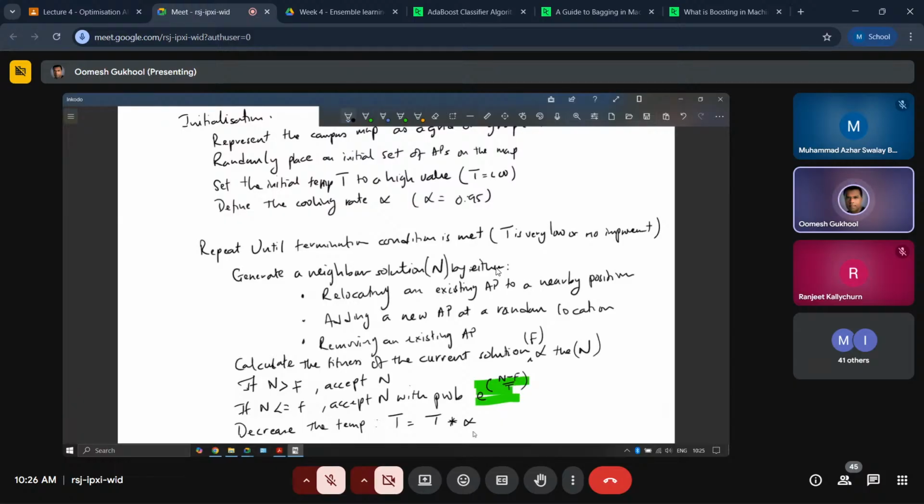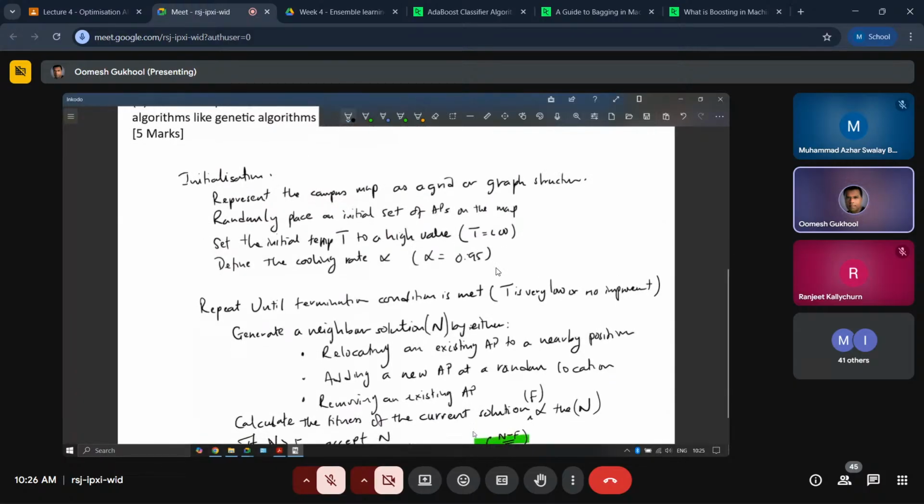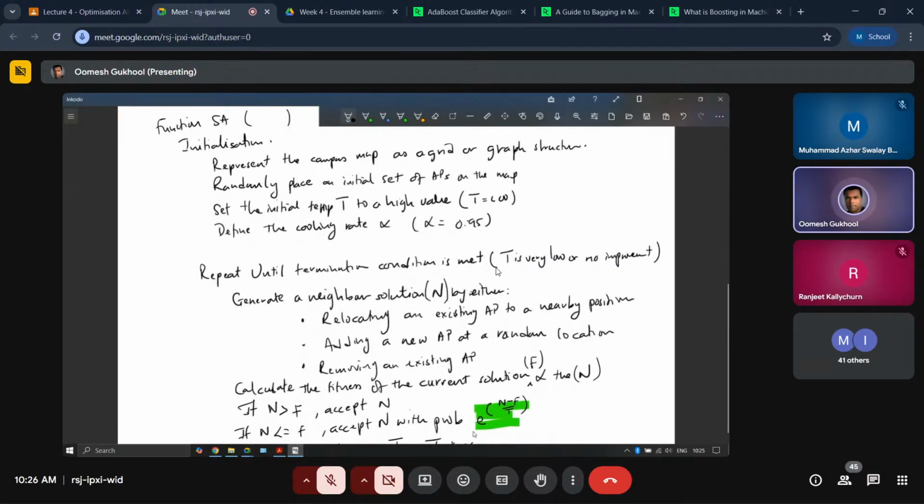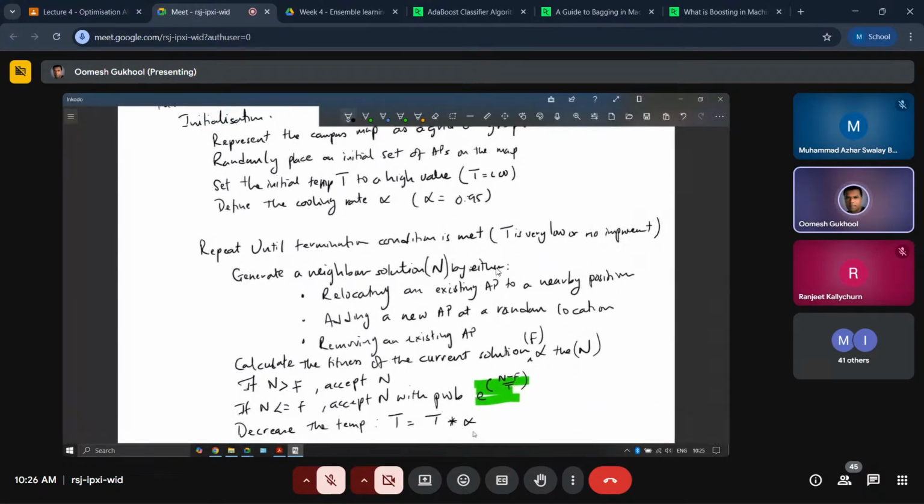You can put the name of the function, simulated annealing, whatever you want to call it. At the end, I don't have enough space, I can return the best solution.